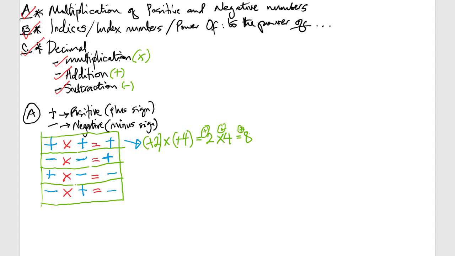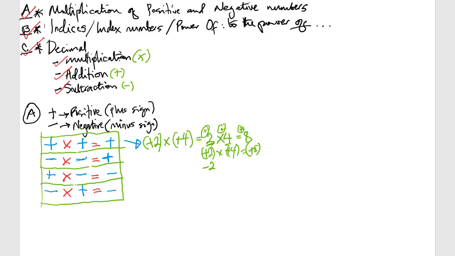So when it's a positive number, most of the time we don't write plus 2 times plus 4 equal to plus 8, because they are positive. But negative numbers, we need to write to differentiate them from the positive by putting negative.